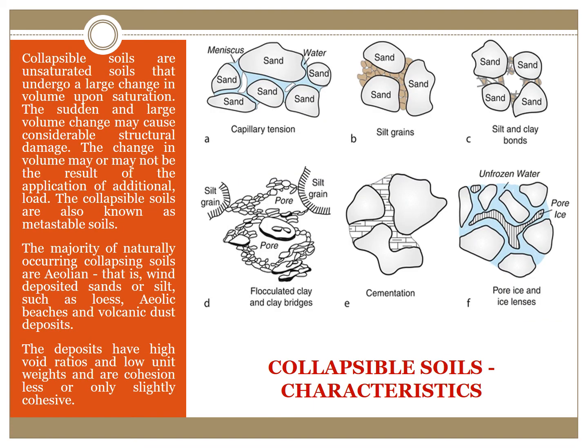Next topic is collapsible soil. Collapsible soils are unsaturated soils that undergo a large change in volume upon saturation, and the sudden and large volume changes may cause considerable structural damage. The change in volume may or may not be the result of the application of additional load, and collapsible soils are also known as metastable soils.